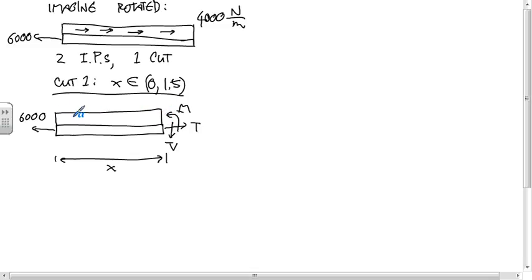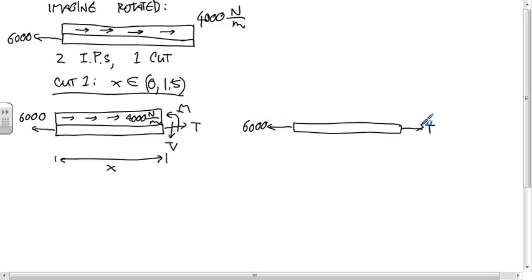I'll do this in 2 steps. Okay, so 4,000 newtons per meter going to the right. But now that we've chosen what body to isolate, we know it's okay to treat that distributed load as a point force. So I'm going to rewrite this free body diagram. 6,000 newtons that way.